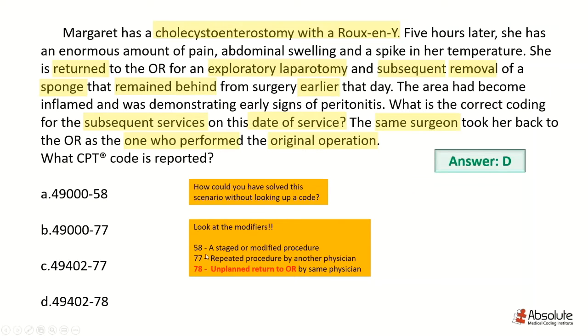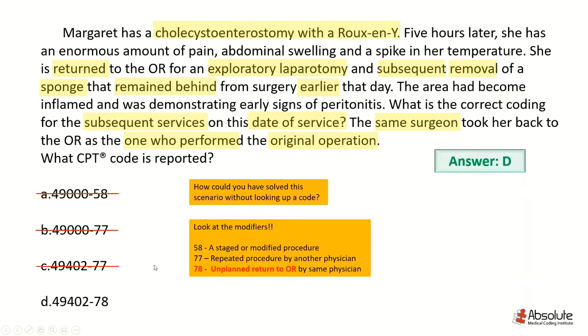All right, so 58 is for a staged or modified procedure. Well, oftentimes if it's staged, that's something that's planned. So they're doing a little work and then they're going to prepare the patient and then they're going to do a little bit more. That's not what's going on in this case. So we can get rid of that one. And with 77, it's a repeat procedure.